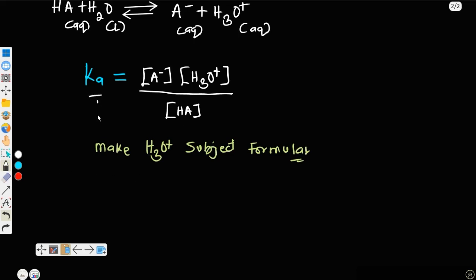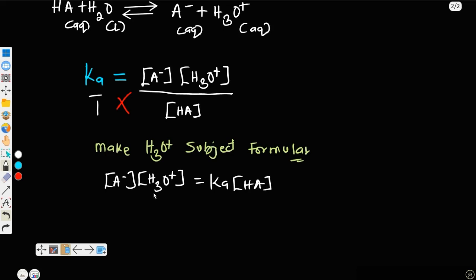So you have this over 1, cross multiply. So what are you now going to have? First of all, let's multiply this side. So this is going to give us A minus, and then H3O plus times 1 will still be the same, abi, equals Ka bracket HA.